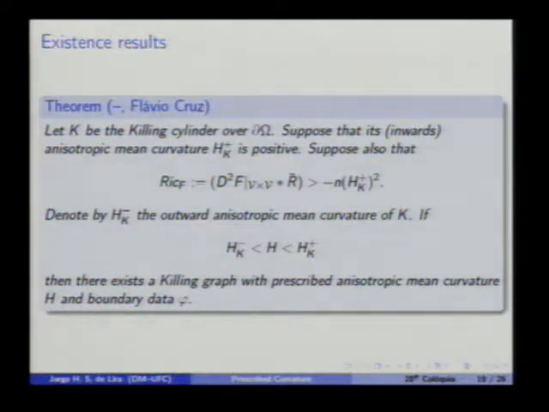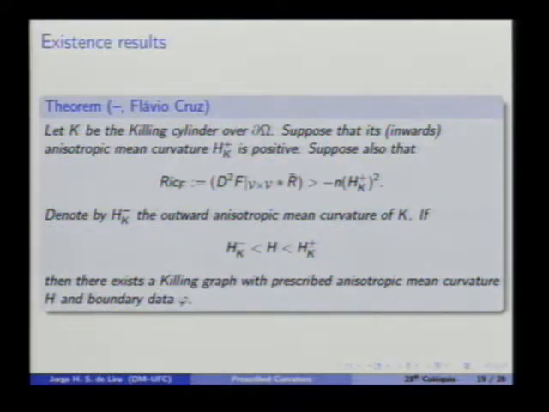The cylinder has two notions of anisotropic mean curvature, one which refers to the inwards orientation, another one which refers to the outwards orientation. So you suppose that the inwards anisotropic mean curvature is positive. You also suppose that the ambient space satisfies this inequality, or from another point of view, that you choose this cylinder in the correct region of the space in order to get this inequality involving Ricci and the mean curvature of the cylinder.